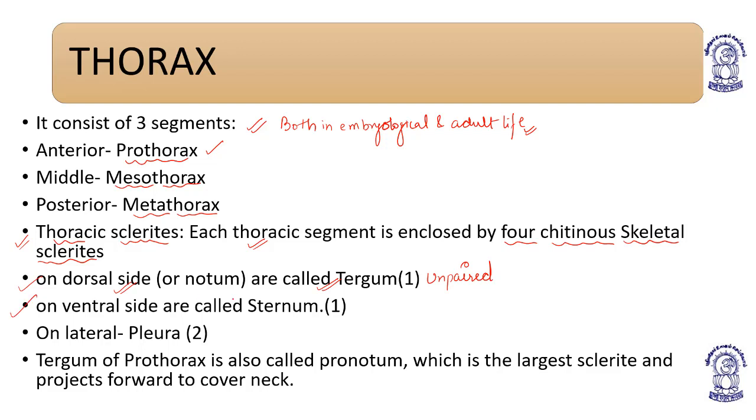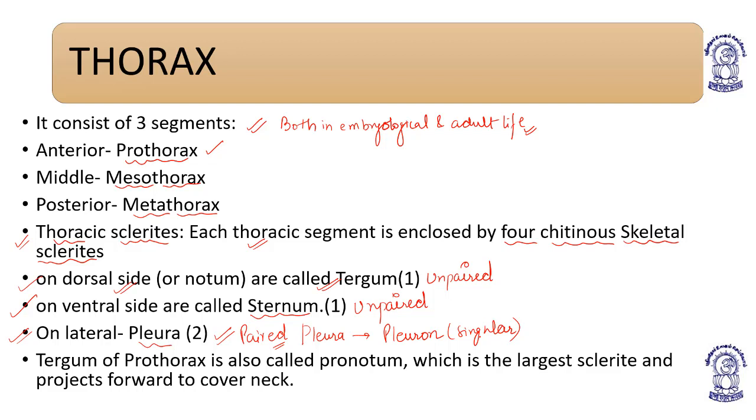On the ventral side, sternum is present, which is also unpaired. And on the lateral side, pleura, which is paired. Pleura is also known as pleuron; singular is pleuron.